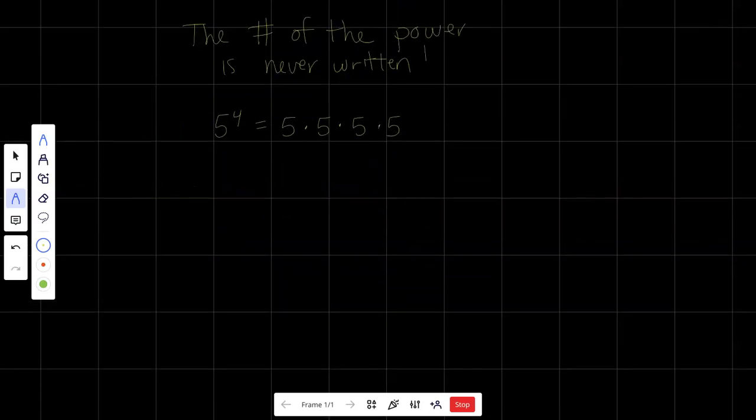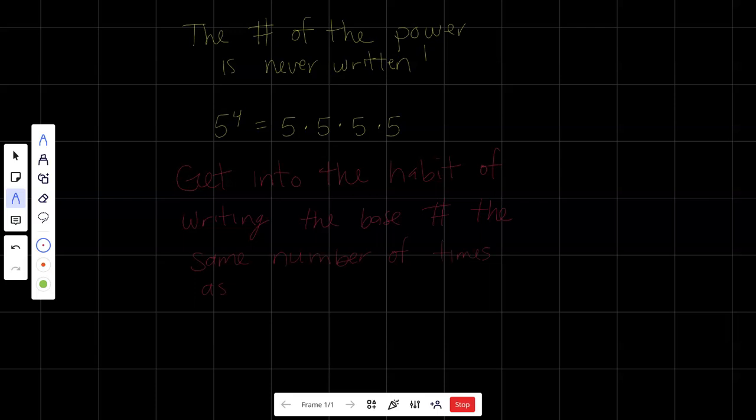So it's best for you to get into the habit of writing the base number, the big number, out the same number of times as the power. Let's do another example to really solidify this idea.